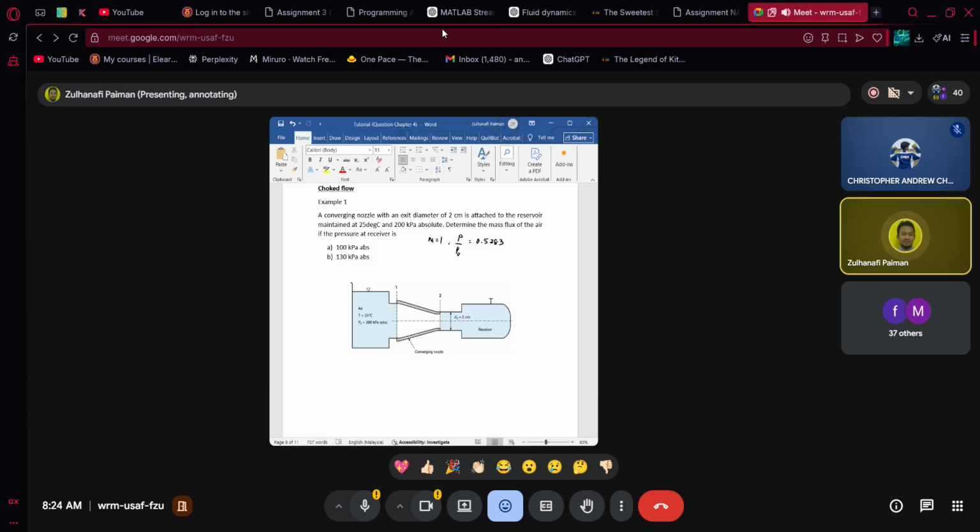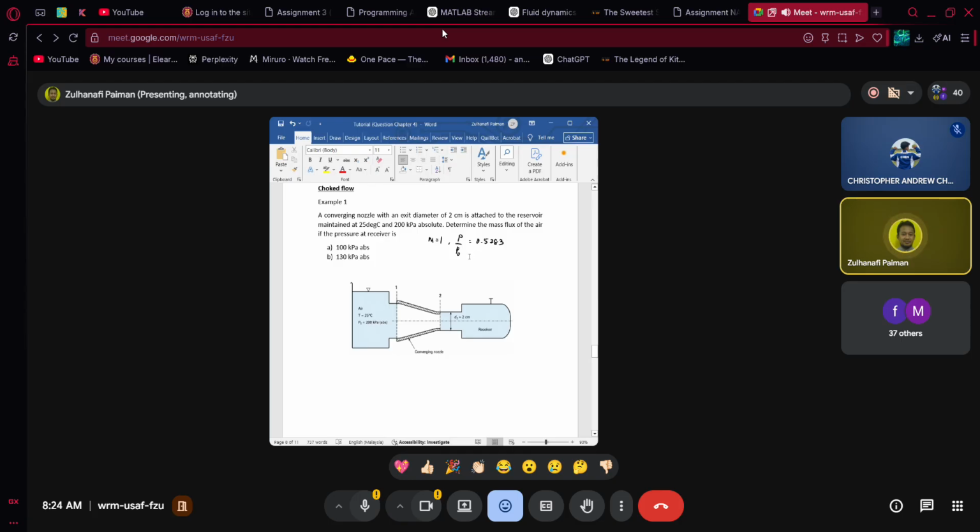You have to refer back to my lecture notes for the equations, the relationship between any point inside the converging nozzle and the reservoir. When Mach number is equal to 1, you get this value, 0.5283, the pressure ratio.